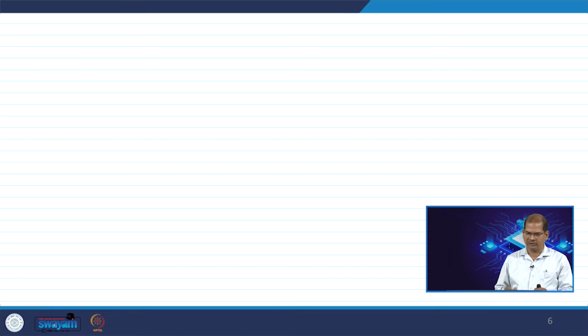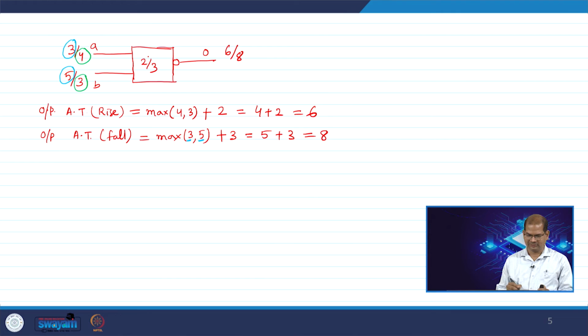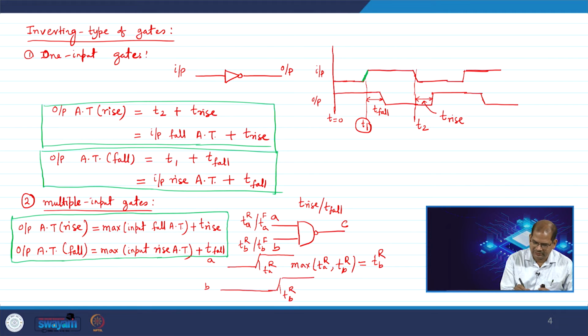Now, I will go for the non-inverting type of gates. In this case, I have two types of gates, single input and multiple input.